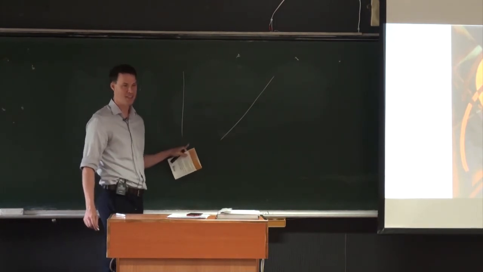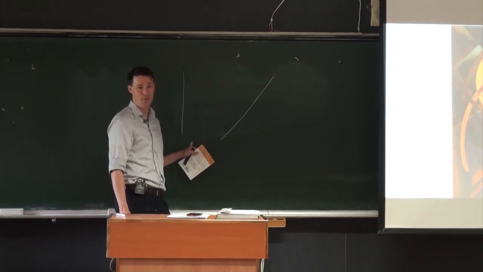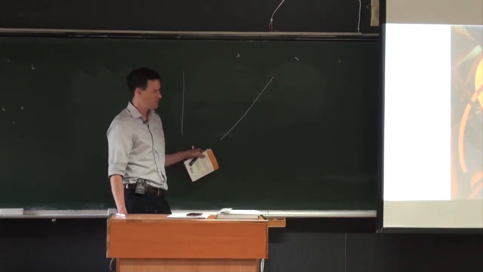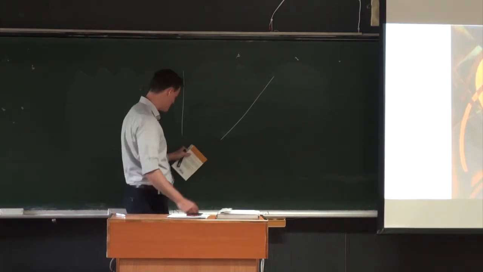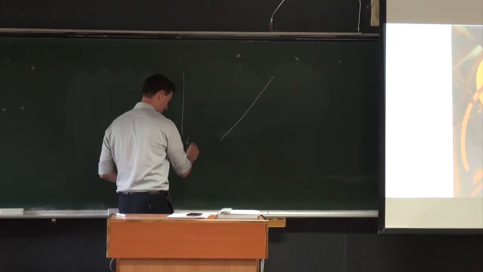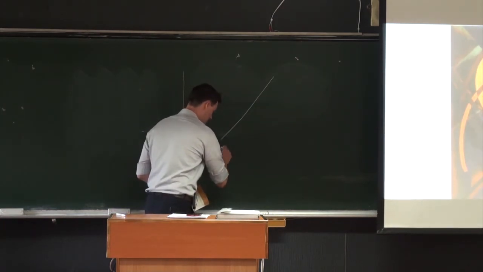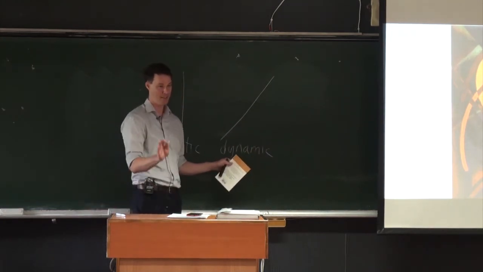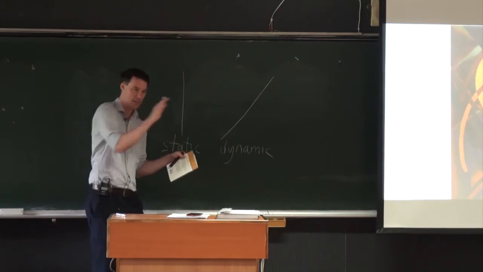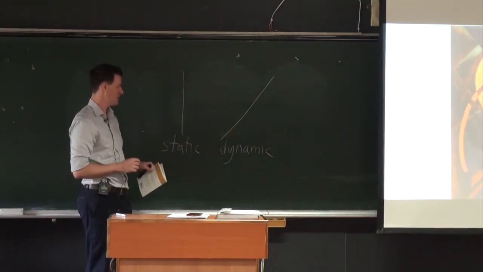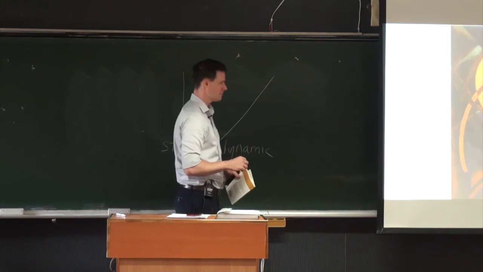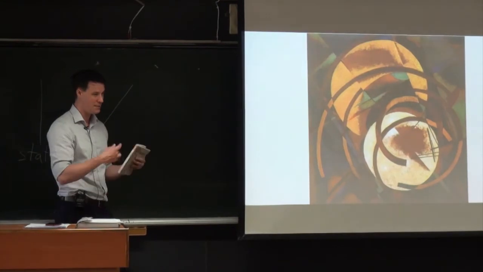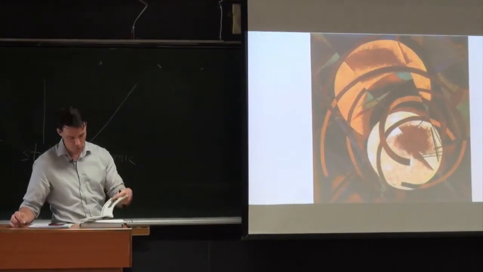Which one of these lines looks like it has more movement? Probably this one, right? This one looks static. And this one looks dynamic or moving, right? It's going forward. This one's staying the same. That's why these angled lines in the Popova give you the idea of something moving, right?